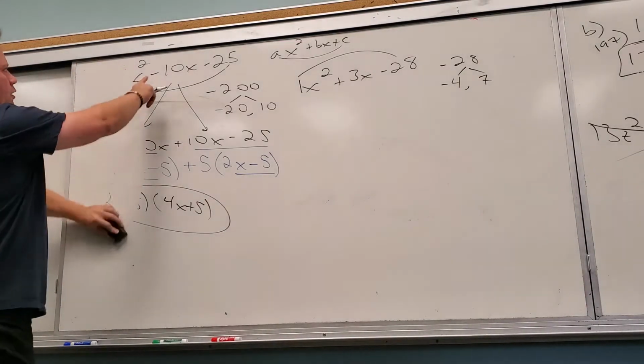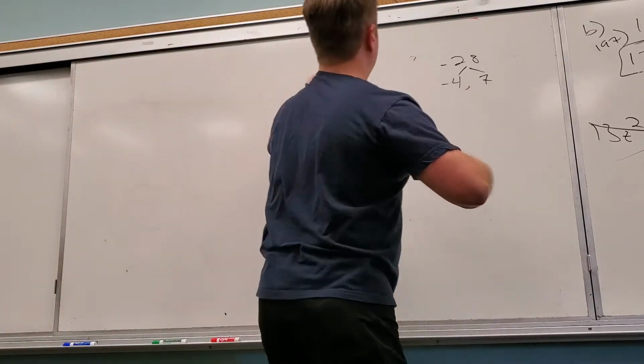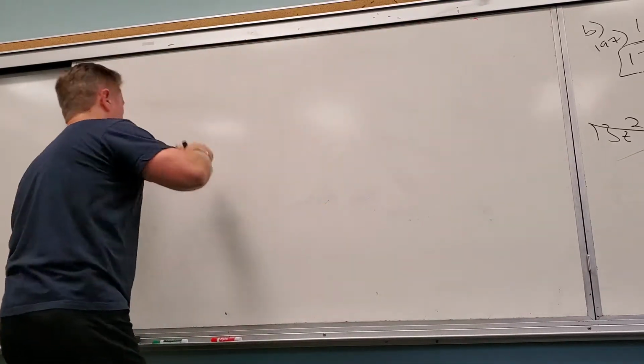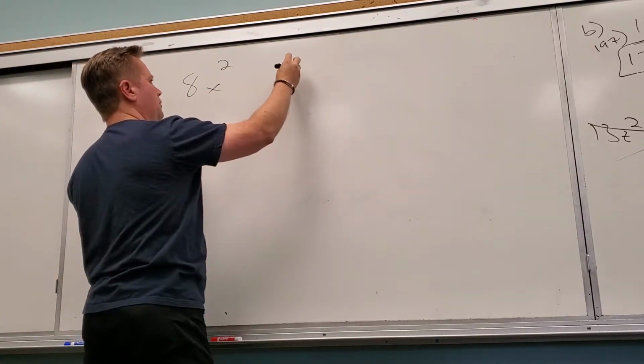So let's try one more like this, a real one, and then I'm going to unleash you on this little worksheet. I want to show you the thought process. I'm making one up on the go here.